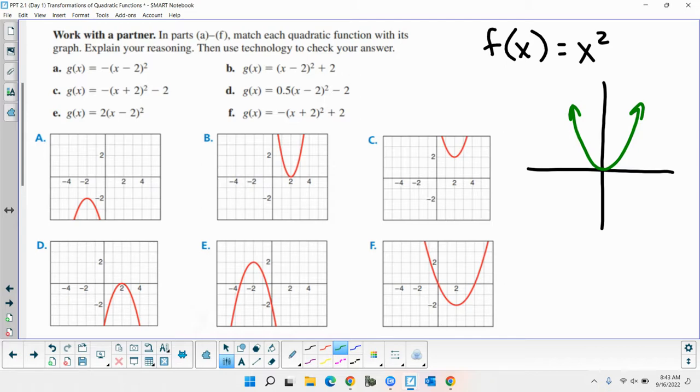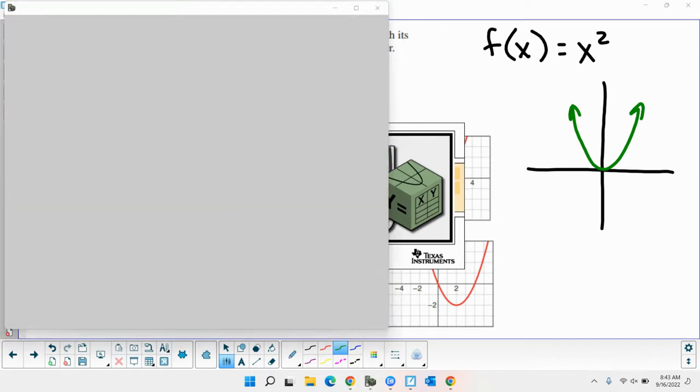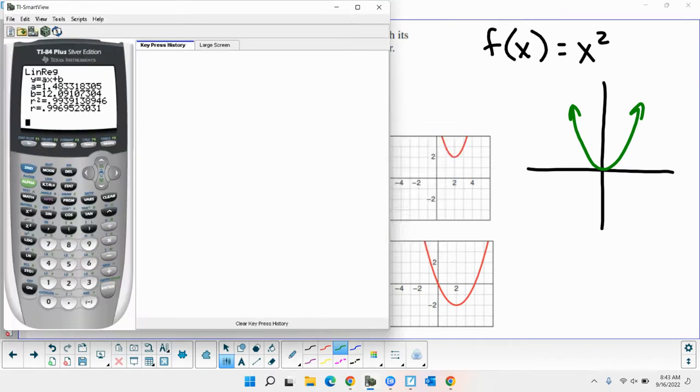So if you just type it in your graphing calculator, you could see that stuff as well, right? But we really don't need the graphing calculator. You guys should be able to figure it out.